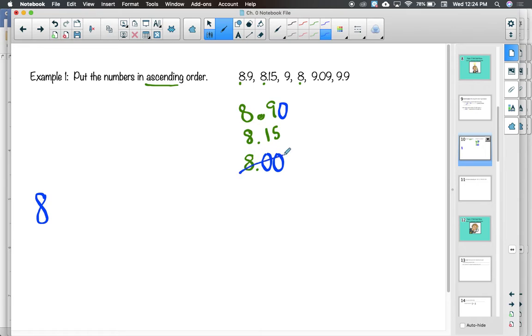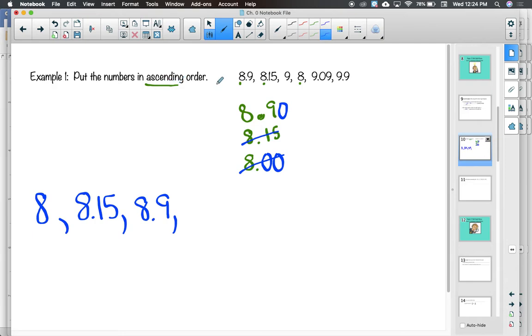All right? So now I've got 15/100 and 90/100. Well, 15/100 is less than 90/100 because 15 is less than 90. So 8 and 15/100 will be my next number, and that means that 8 and 9/10 is going to be the next number in my list. Again, I'm cleaning up that 0 to write it in my final answer.